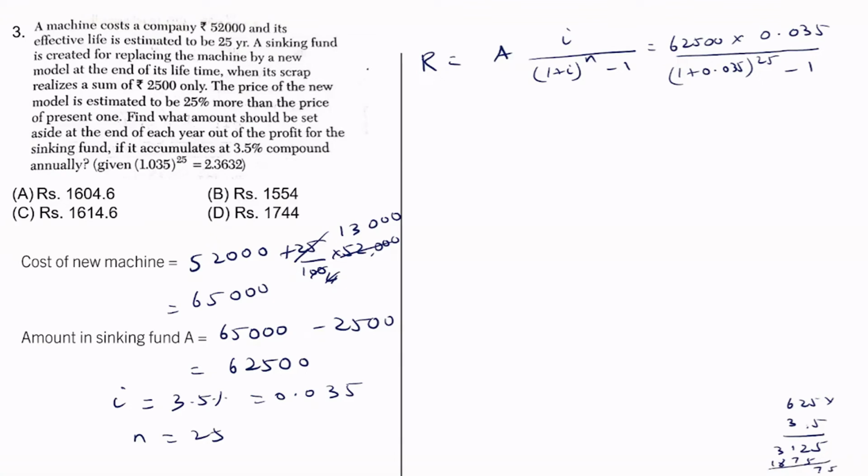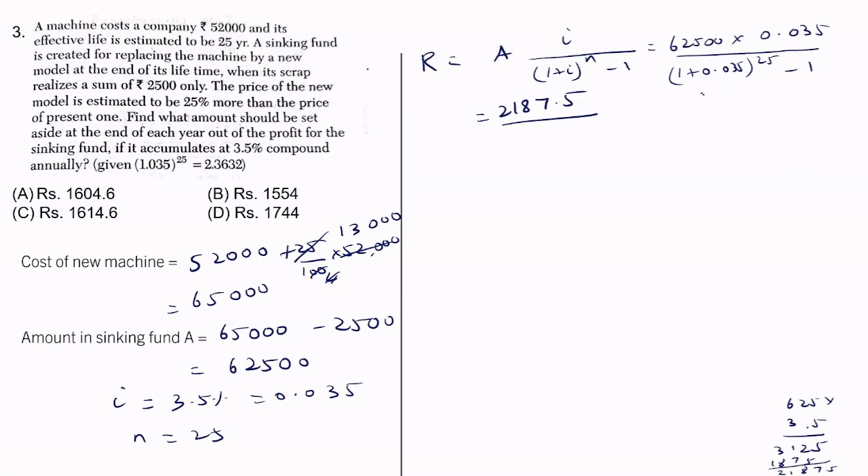So this is 2187.5 upon 1.035 the whole raised to 25, which is given as 2.3632.